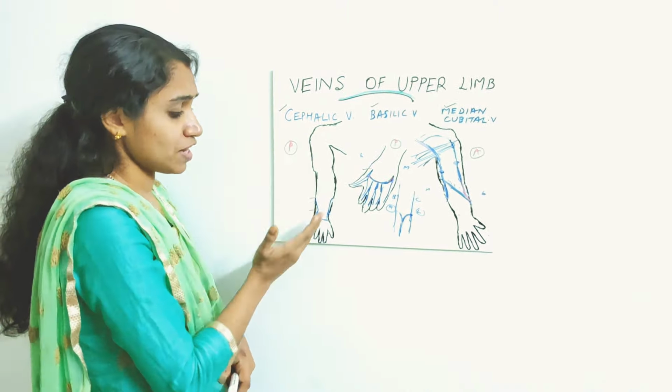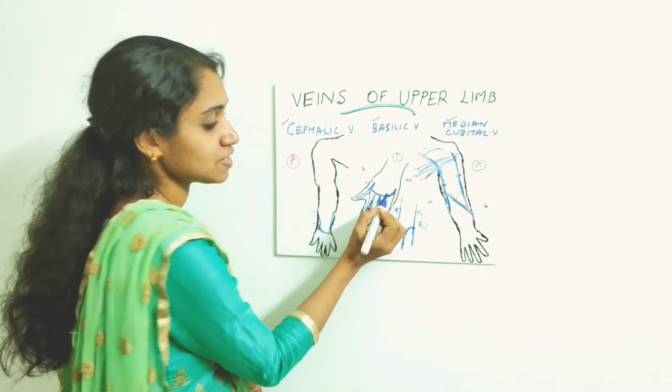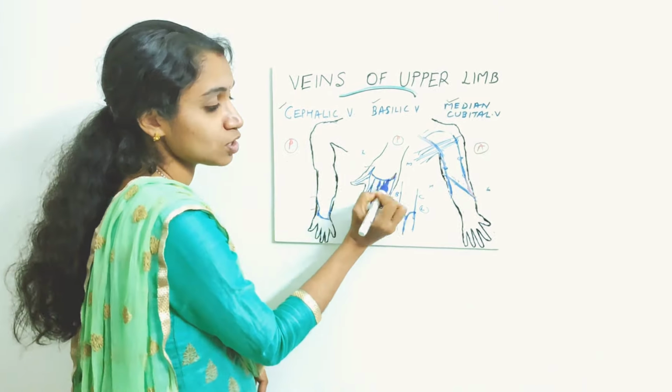So we'll see how it's coming. Origin of cephalic vein. As we have discussed, this was the dorsal venous network. Origin of cephalic vein is from the lateral end of dorsal venous network. It is joined by the dorsal digital veins, which are seen on both sides of thumb as well as the radial side of index finger.